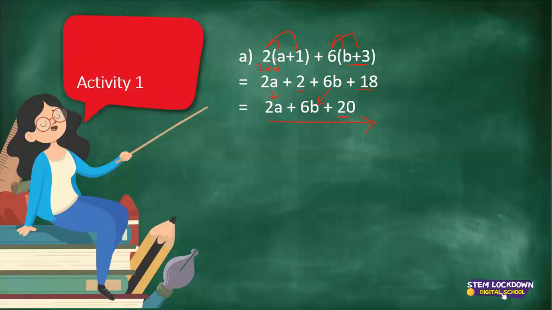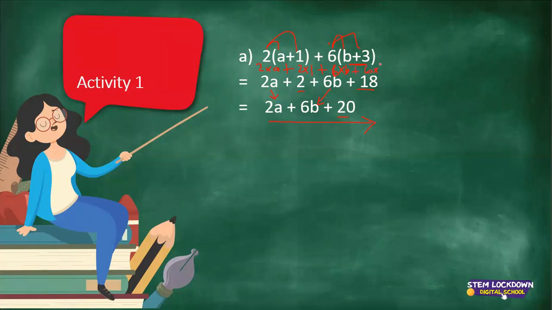Then I distributed 2 such that I multiply 2, so plus 2 times 1, plus 6 times B, so 6B, and plus 6 times 3.